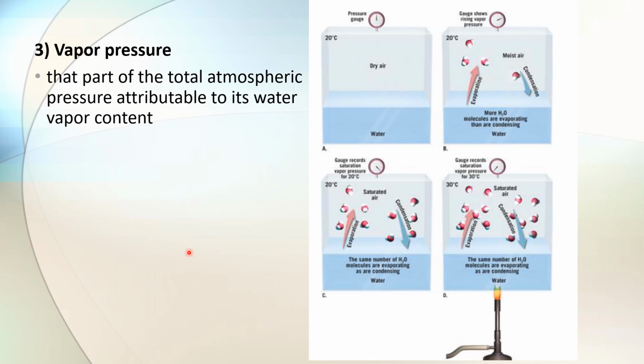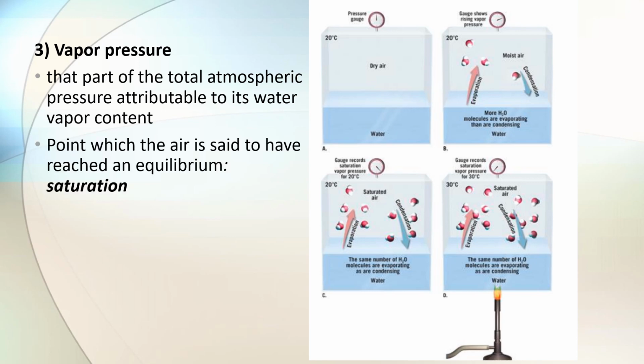In figure C, you can see that as evaporation goes higher, there is also condensation happening as more molecules escape from the water surface. The steadily increasing vapor pressure forces an increasing number of molecules to return to liquid. So there is evaporation and then condensation that happens.